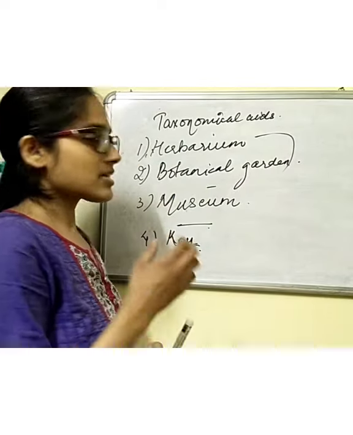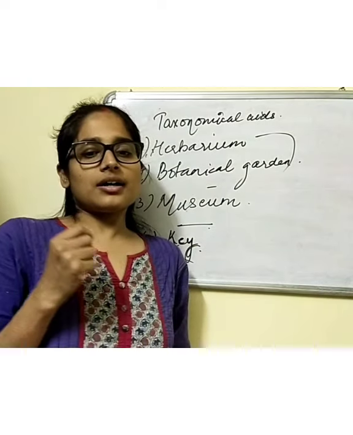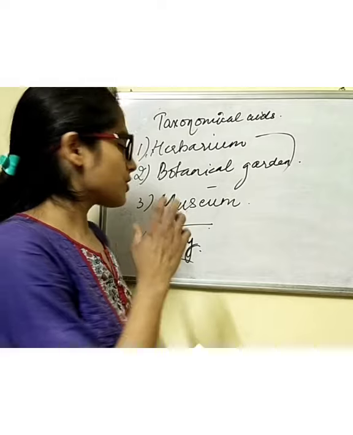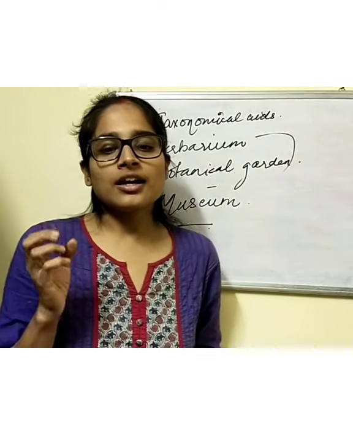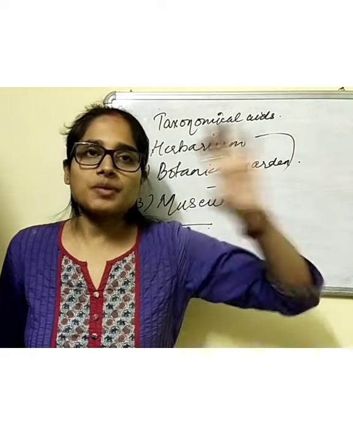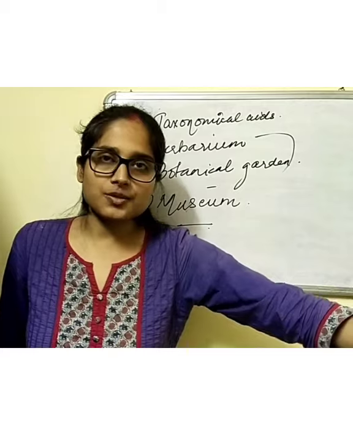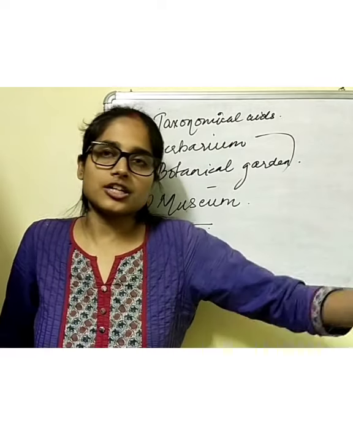A key is a tool by means of which species in a group of organisms may be identified. Basically, a key is a set of specific characteristics which are specific to particular species, and from among a group of organisms, those particular species can be distinguished.